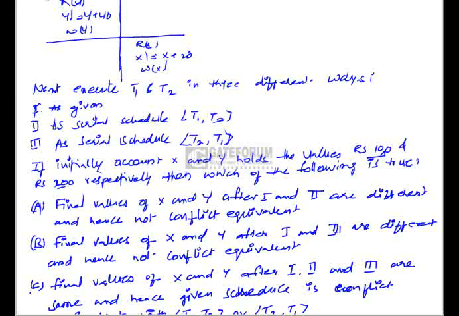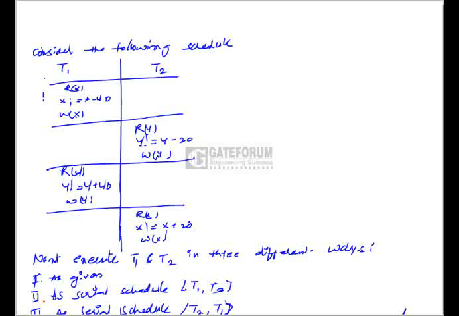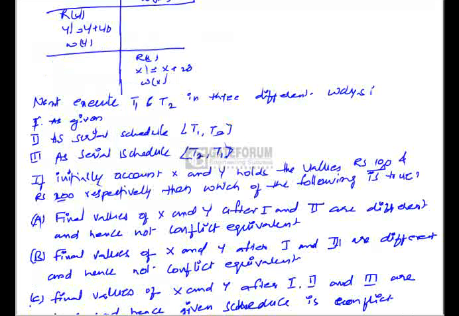The first way is according to the given schedule, in the second way T1 is executed and then T2, and in the third way T2 is executed first and then T1. By considering these data, we have to choose the correct option from the 4 given options.